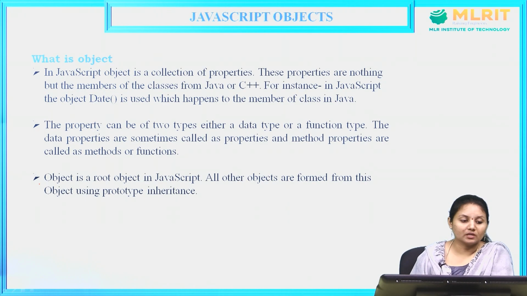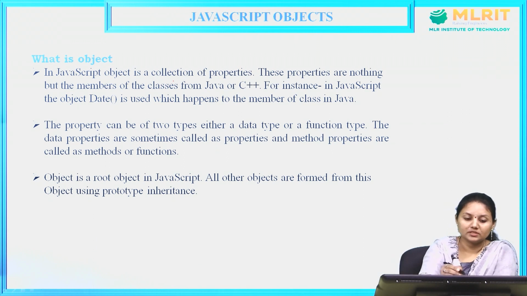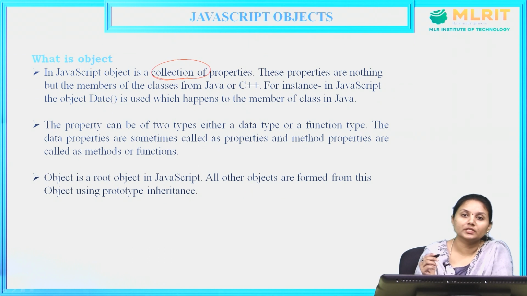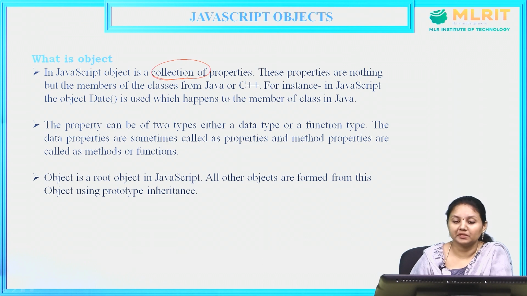So, we start with what is an object. In JavaScript, an object is a collection of properties. Suppose you take a math object, all the properties of those mathematical objects will be collected in one place. So, we can use that collection of properties from mathematical libraries in different objects.